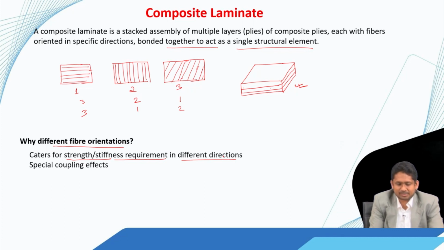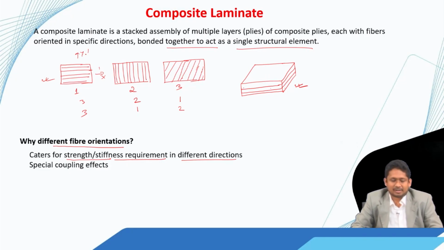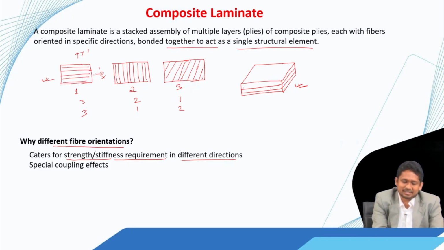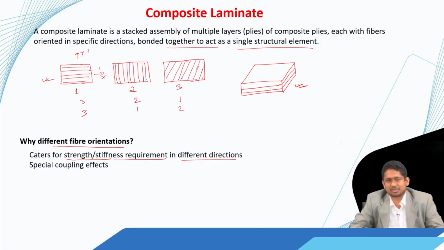So, for example, if we look at this particular ply, here the fibers are oriented in direction x. So, here x and 1 are coinciding. Now, this particular ply is stiffer and stronger in direction 1 because the fibers are stiffer and stronger than the matrix.